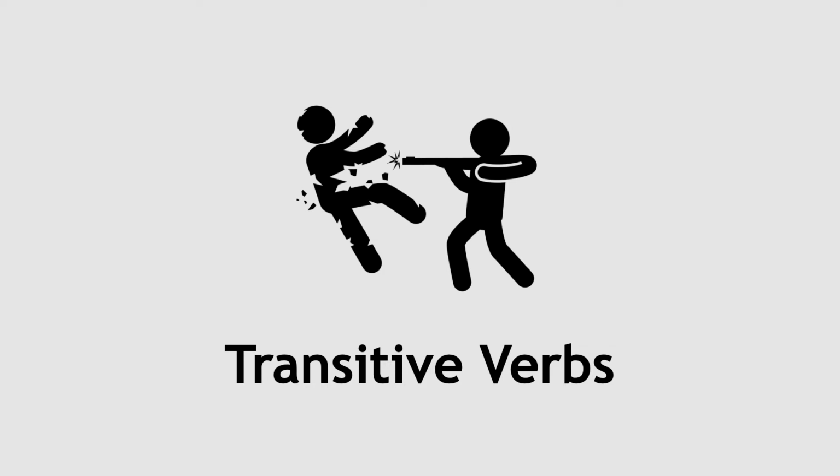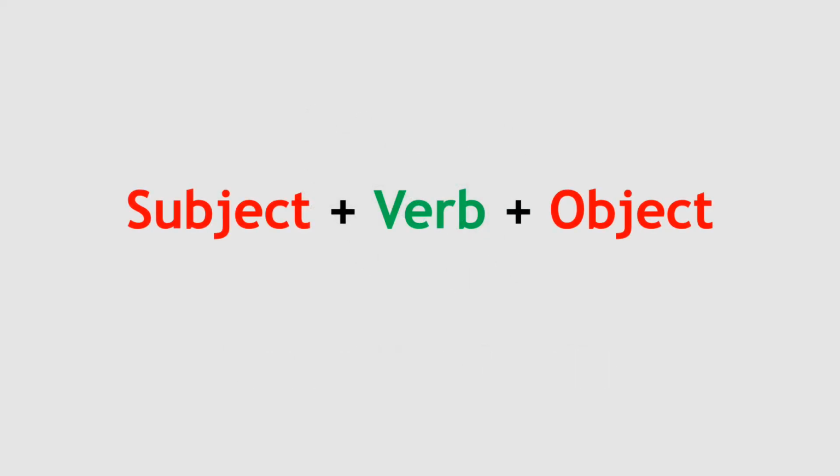So it would be good if we add one more element to a clause, and that is subject, verb, object. This is the basic sentence structure that we were taught when we were at school.